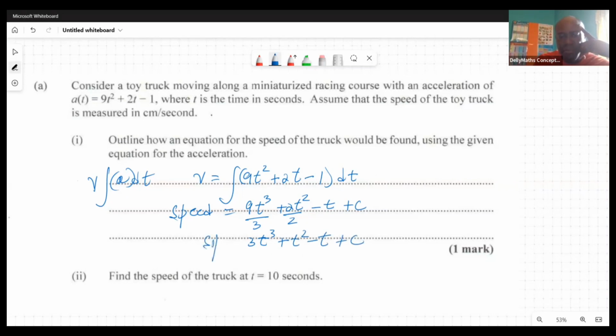This is the speed. There isn't any additional information given, so we're going to assume that c is 0. So let's write the final thing: our speed is equal to 3t to the third plus t squared minus t.